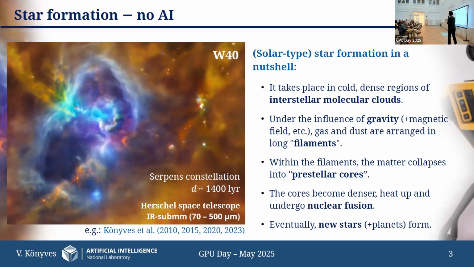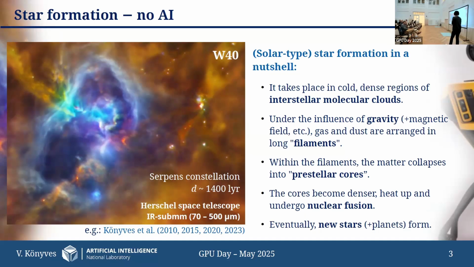For example, this beautiful image called W40 is basically the densest dust and gas parts of a molecular cloud, which can be seen in the direction of the Serpens constellation. It's at a distance of about 1,400 light years, which on galactic scales is really the neighborhood.